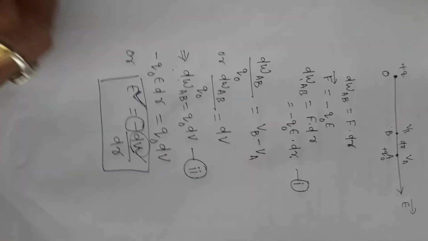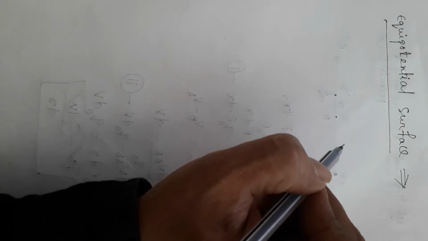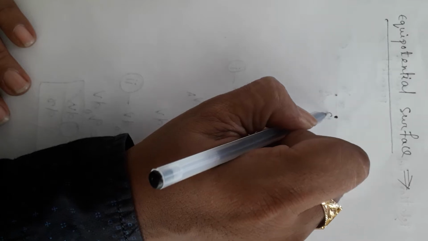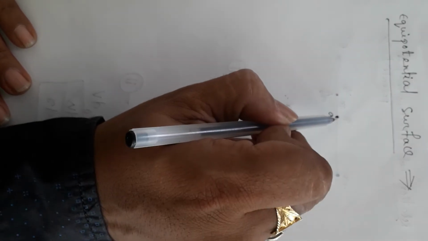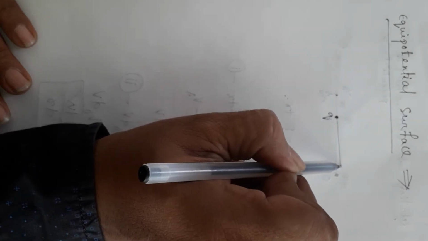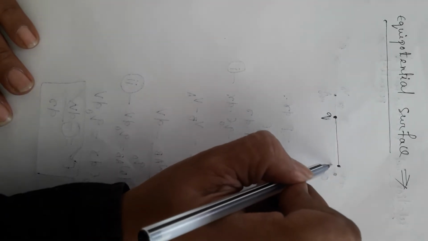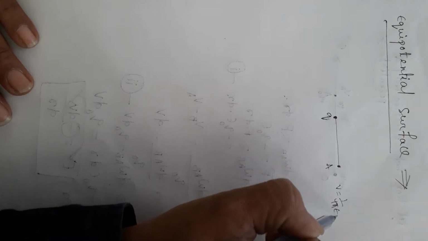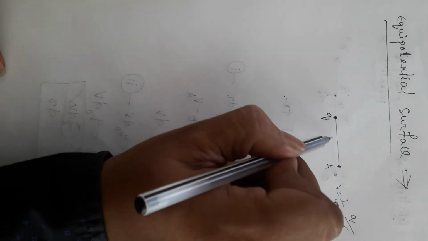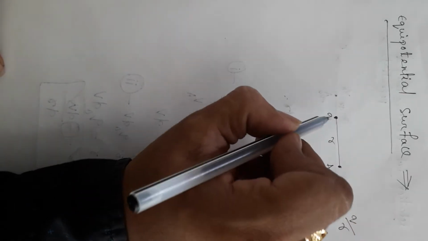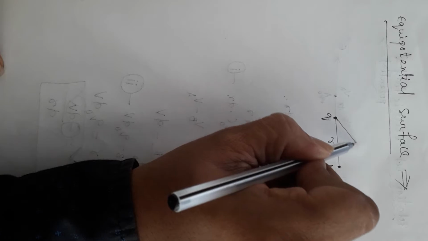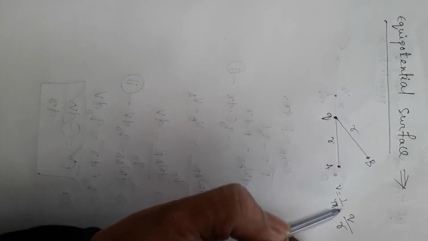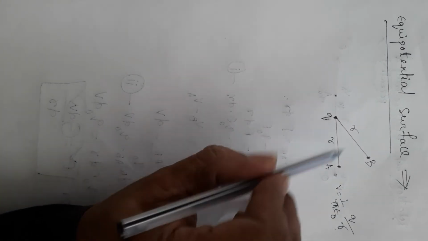Now we will go for equipotential surface. Let us take a source charge here, Q, and at some distance r let's take another point A. At this point, the electric potential will be V is equal to 1 by 4 pi epsilon Q divided by R. This is the distance R. Let's take another point at the same distance R, suppose this is B. Here also the potential will be 1 by 4 pi epsilon Q by R, because R is same.